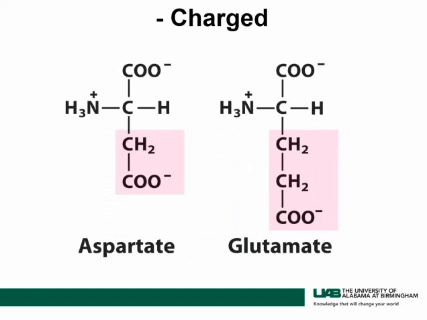Remember that the R groups, the functional groups such as carboxylic acid and amino group at pH 7.4, they are charged, and we will explain why. Well, same thing with the side chain, carboxylic acid at pH 7.4, they are ionized.